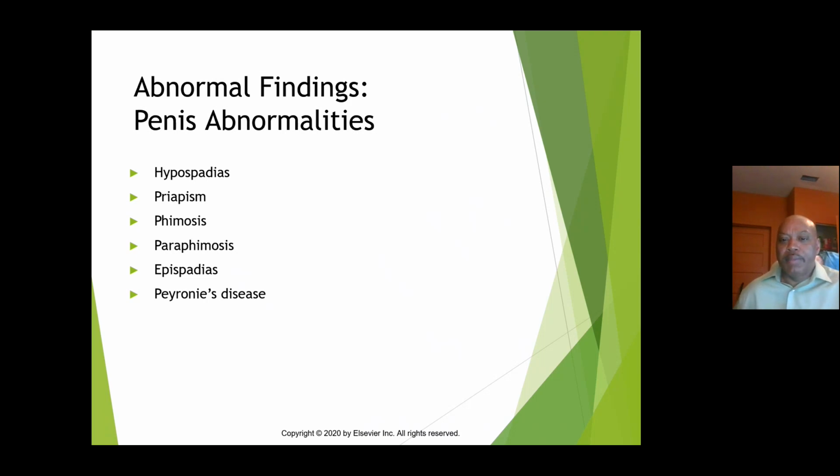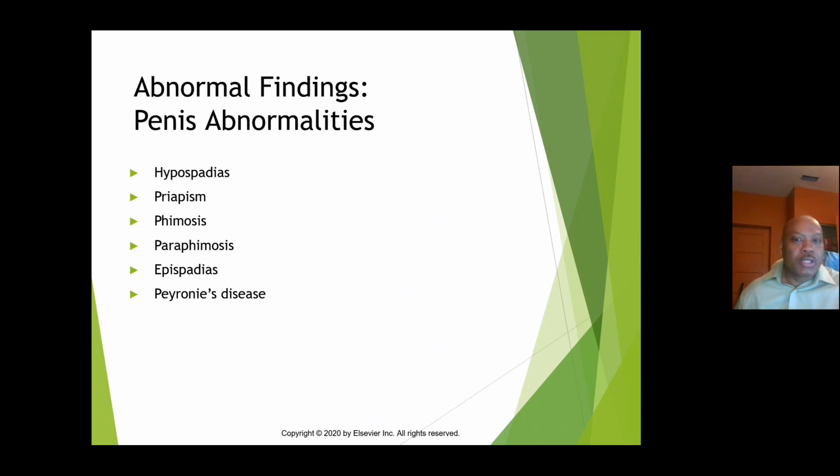Also, when patients have leukemia, in which there's an excessive amount of white blood cells that produces engorgement within the penis, that can also result in this. It can also be due to spinal cord injuries when autonomic nervous system dysfunction occurs. So just a variety of things can cause this.